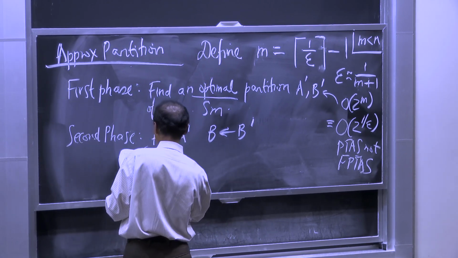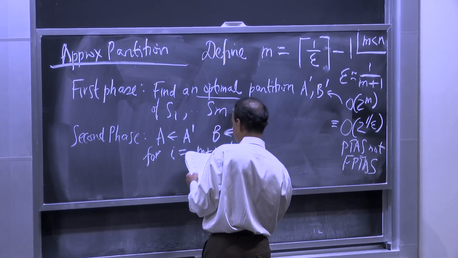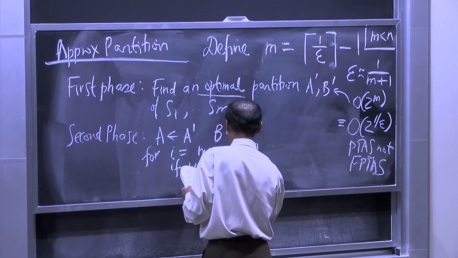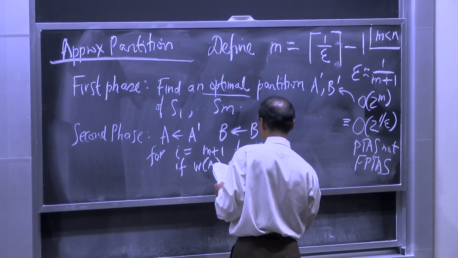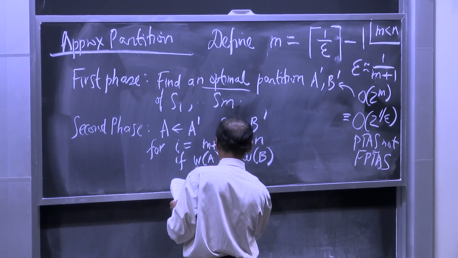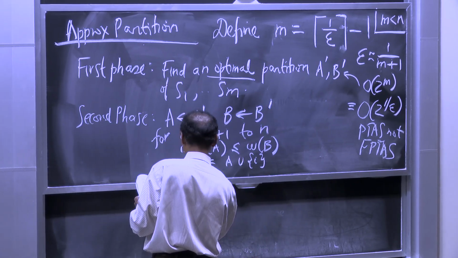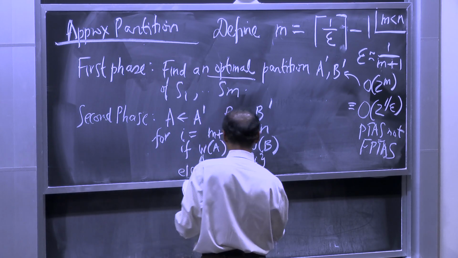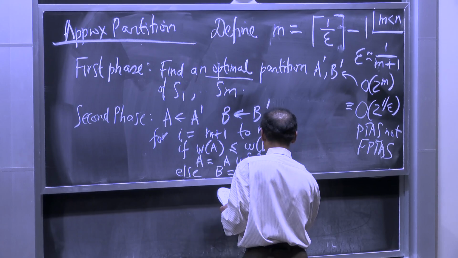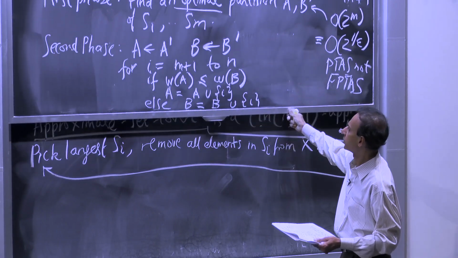And what I'm going to do is for i equals m plus 1 to n, if WA is less than or equal to WB, A equals A union i, running out of room, else B equals B union i. Okay, so it's not that hard to see, hopefully.